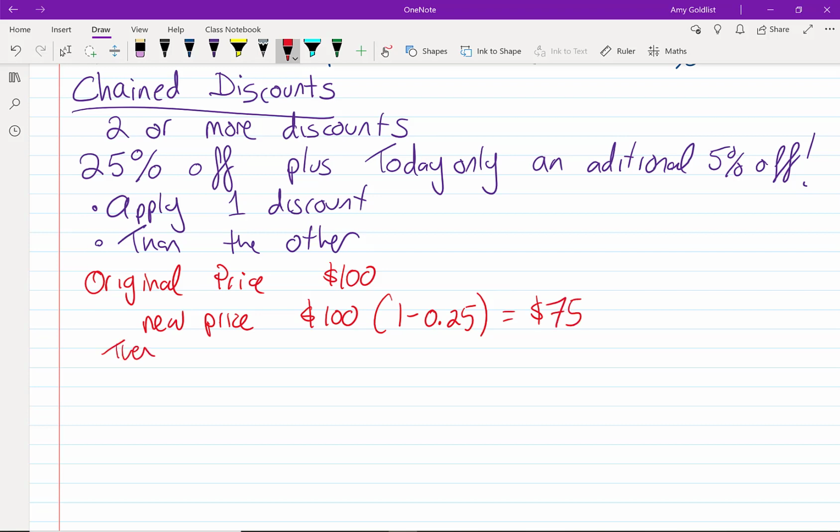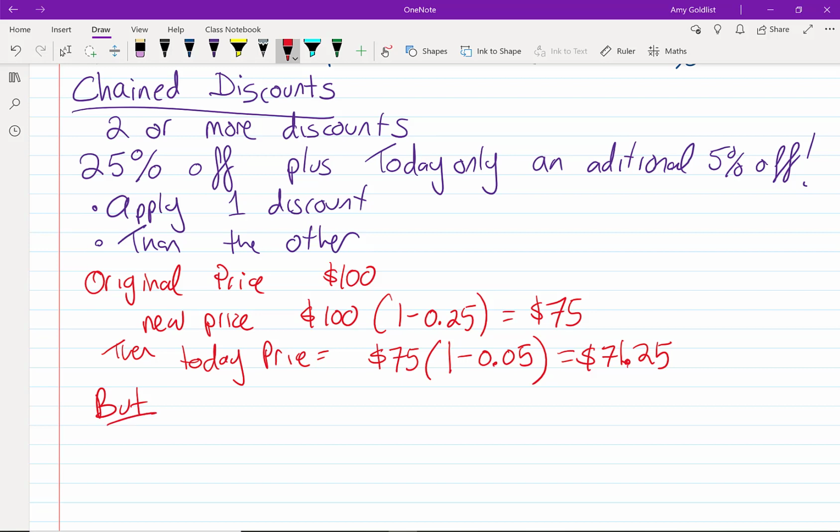Then we apply the next one, today only. So today's price is going to be $75 minus 5%. That is $71.25. That's the price we're paying today.